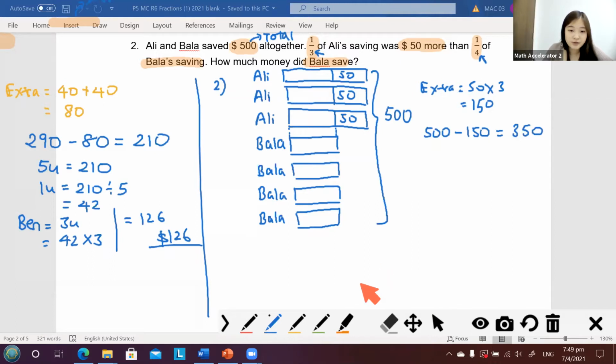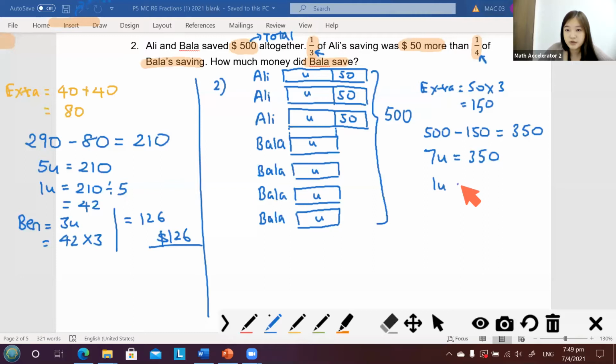What does this leave you with? How many units? Go and count. All these are the equal units after you remove the extra. Yes, 7 units. Okay. So 7 units will be your 350.